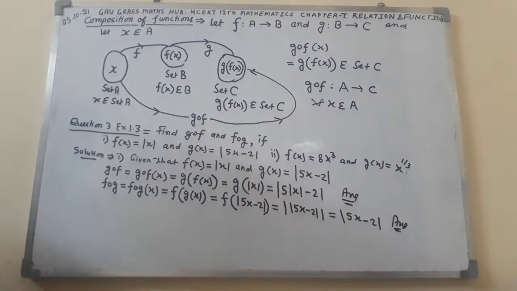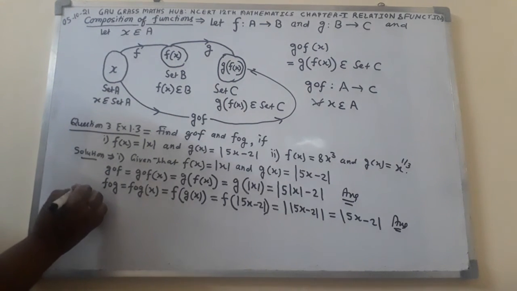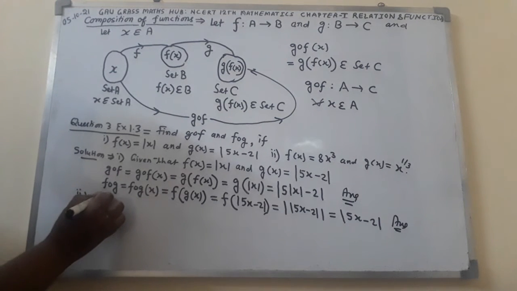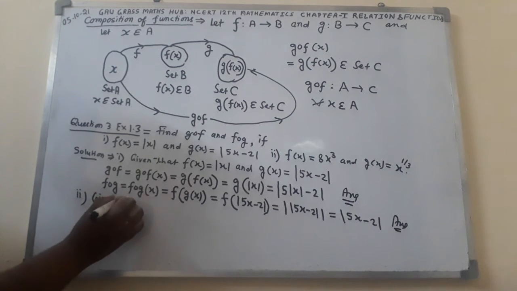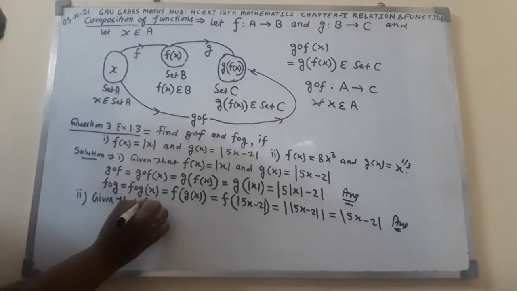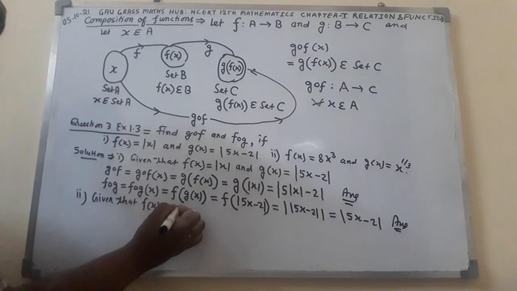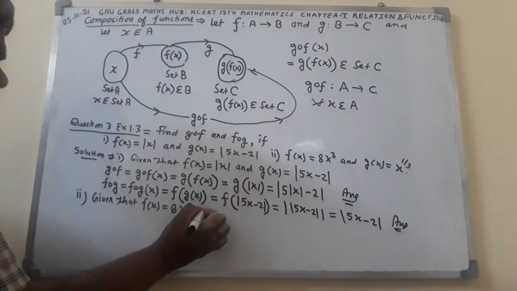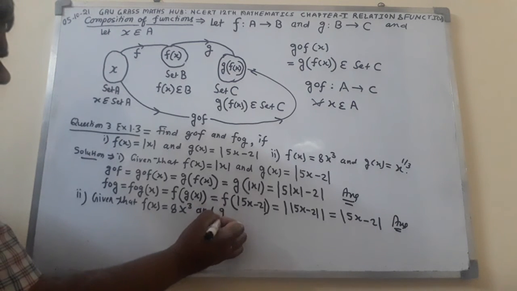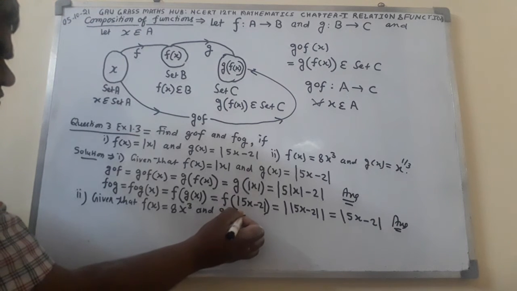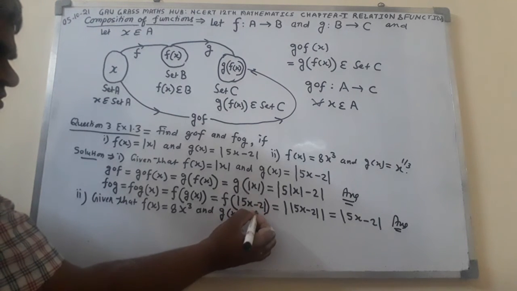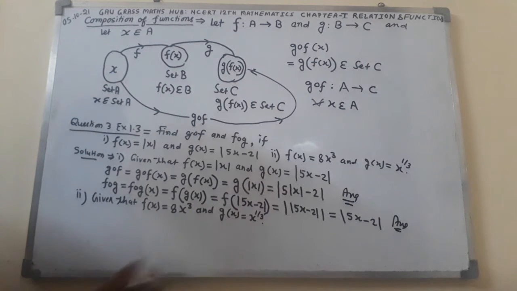Now I shall take the second question here. Here I shall write given that f of x equal to 8x cube and g of x equal to x raised to the power 1 over 3.